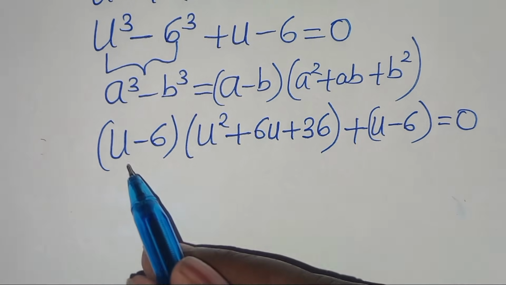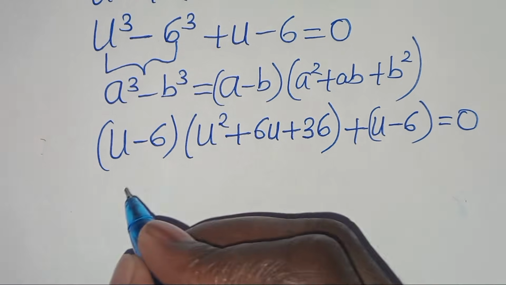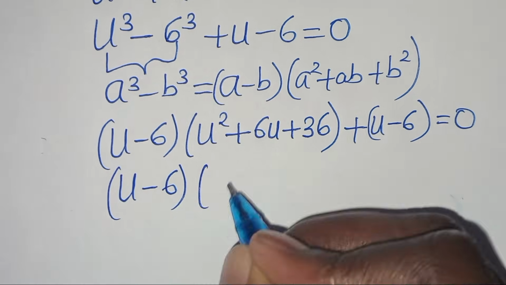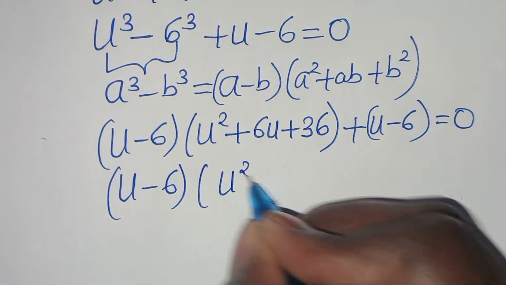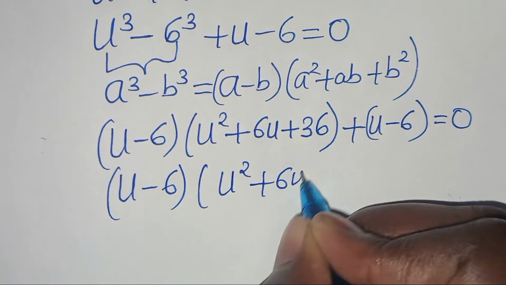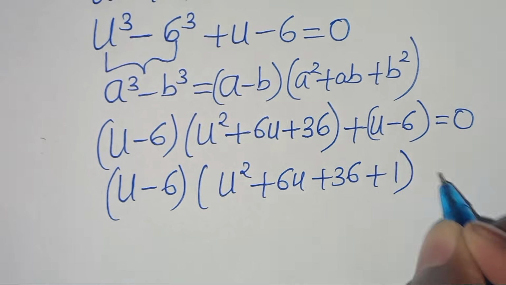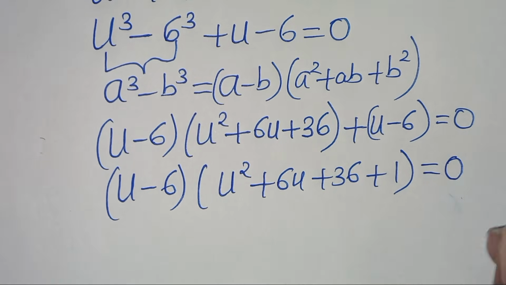If we check here, u minus 6 is common, so we can factor out u minus 6 into parentheses. This is u squared plus 6u plus 36 plus 1, equal to 0.